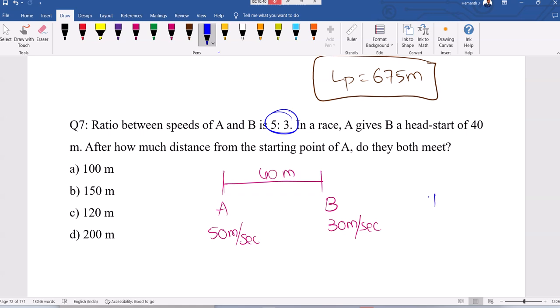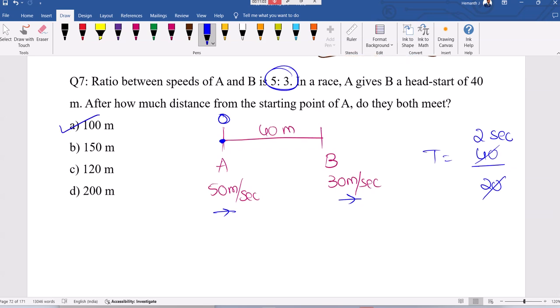Now, time taken to meet from the starting point. This is the starting point, 0. Time taken to meet: distance is 40. Same direction, both are moving. Race means same direction, so speeds should be subtracted. After 2 seconds, they are going to meet. From 0, after 2 seconds, A will travel 100 meters.